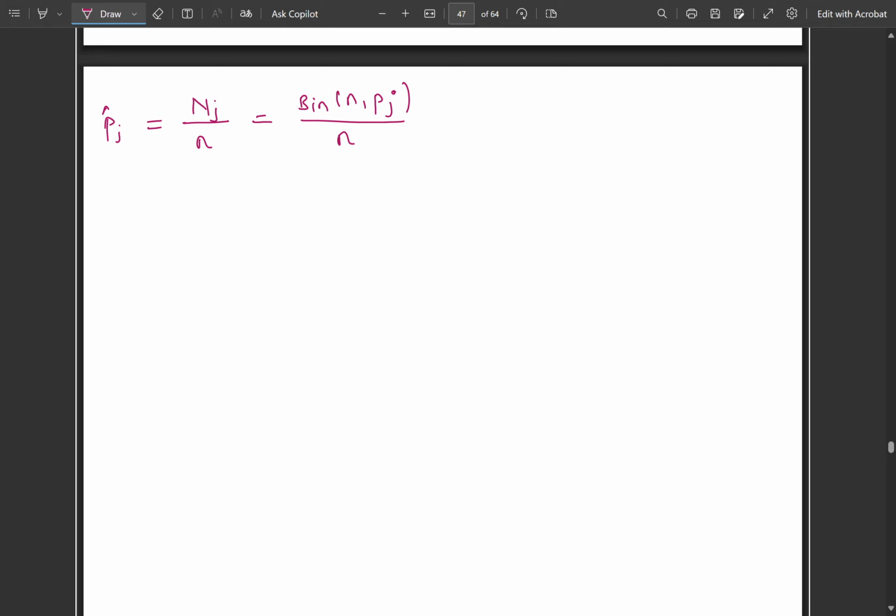Now can you tell me if you can apply the central limit theorem to this binomial distribution? Think about it.